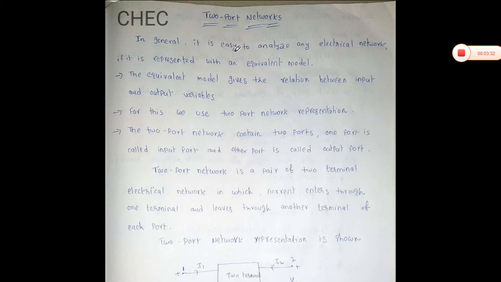If you draw the equivalent model, it is easy to analyze the electrical network. That's why we represent any electrical network in terms of an equivalent model, which gives the relationship between the input and output variables.